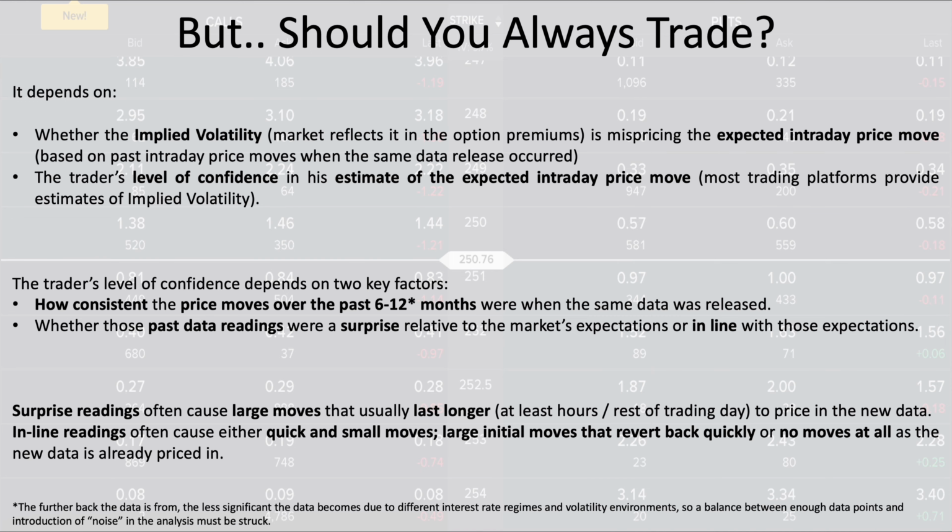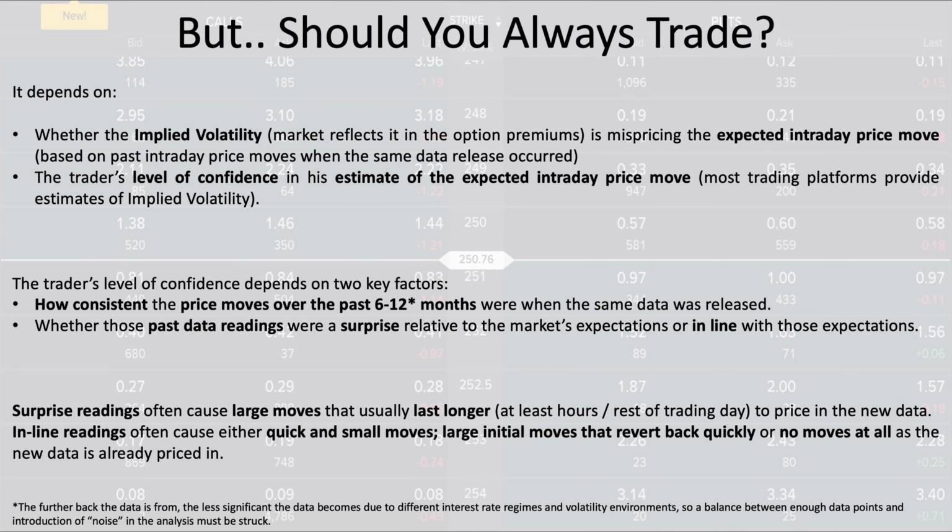So at some point you are adding more data which is irrelevant, and so that's why 6 to 12 months, you can use 10, is usually enough. Of course, as you can see as well, surprise readings often cause large moves that usually last longer, but in-line readings may cause quick and small moves, but they tend to revert back quickly, or the market may not even move at all.